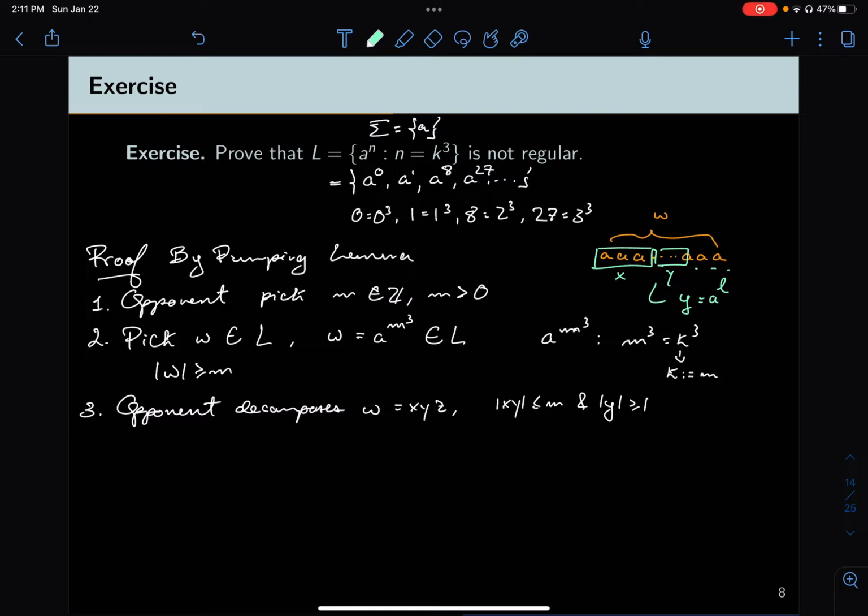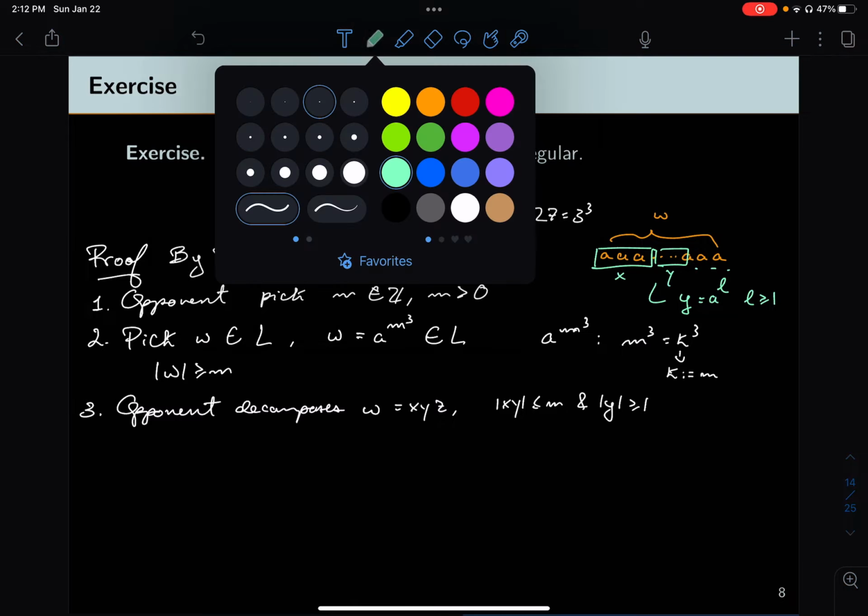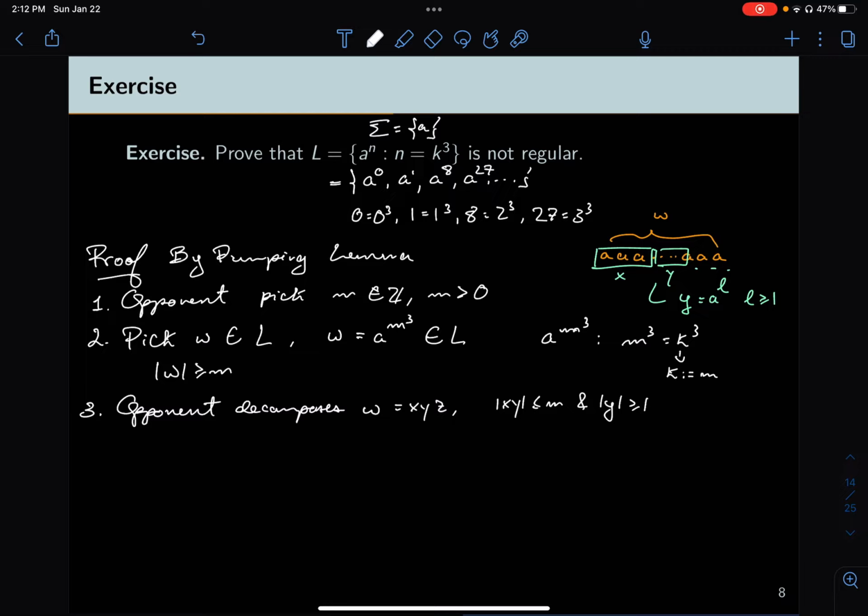The only thing we know based on these conditions is that L has to be greater than or equal to 1. So the only thing we know about the decomposition is that y is a sequence of A's where the number of A's is at least 1. Now we need to pump the string so that the pumped string is no longer in L.